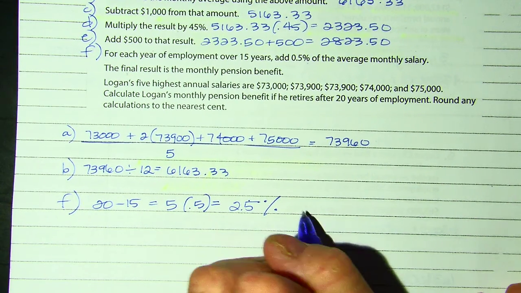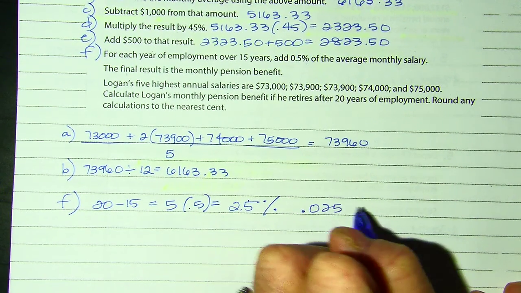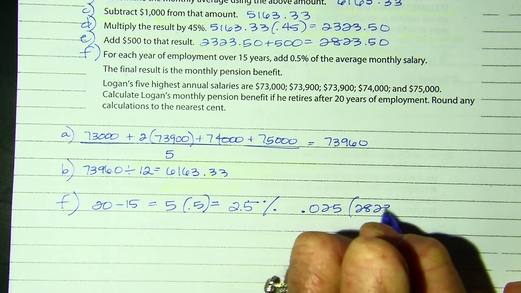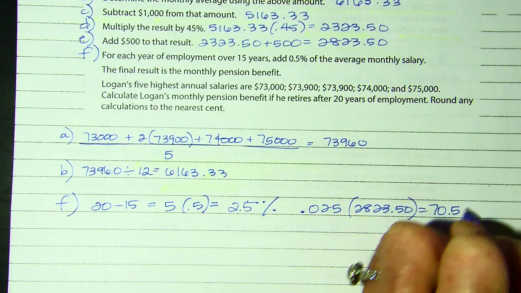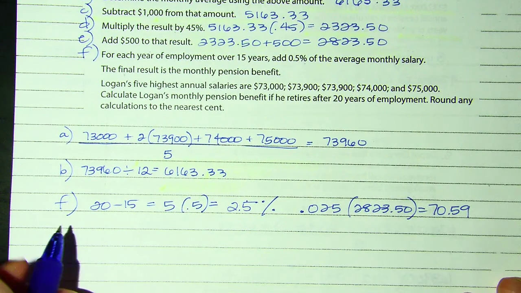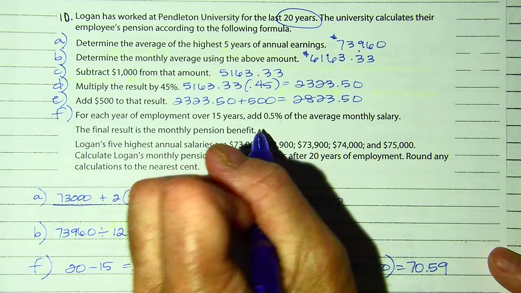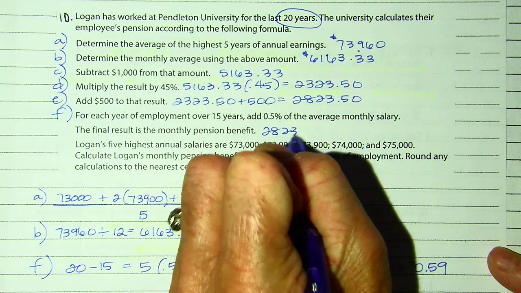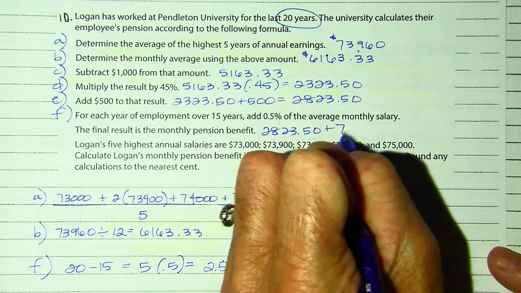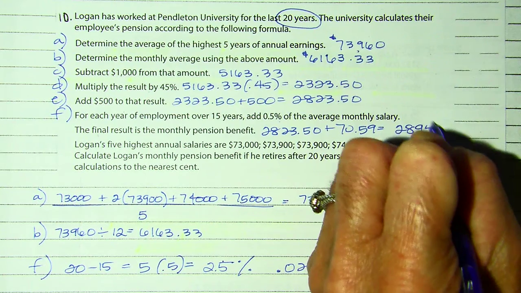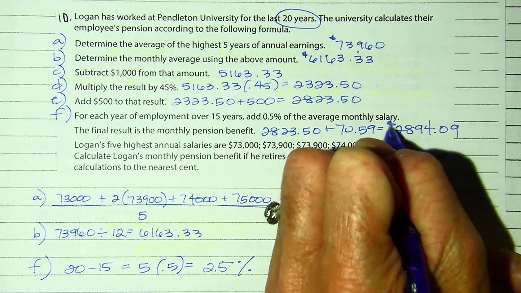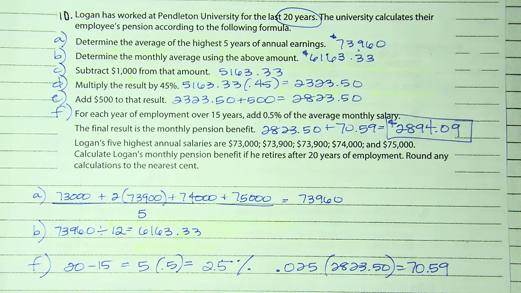So I'm going to find 0.025 times 2,823.50, and that gives me 70.59, and I get to add that. So 2,823.50 plus 70.59, and his final amount is $2,894.09. So for a problem like that, just follow it one step at a time, and that completes our section.